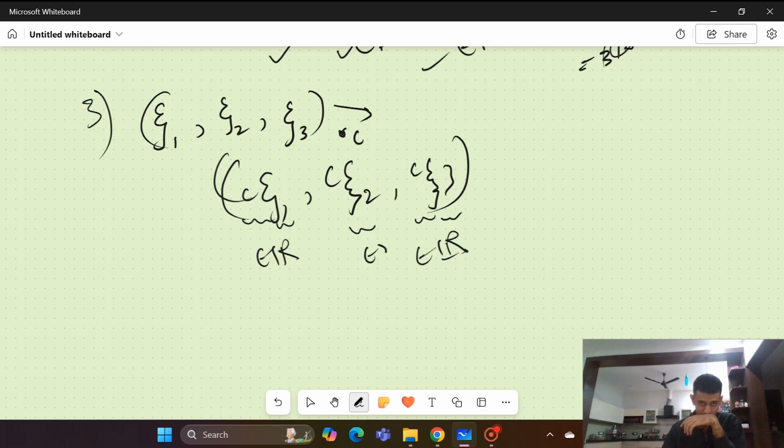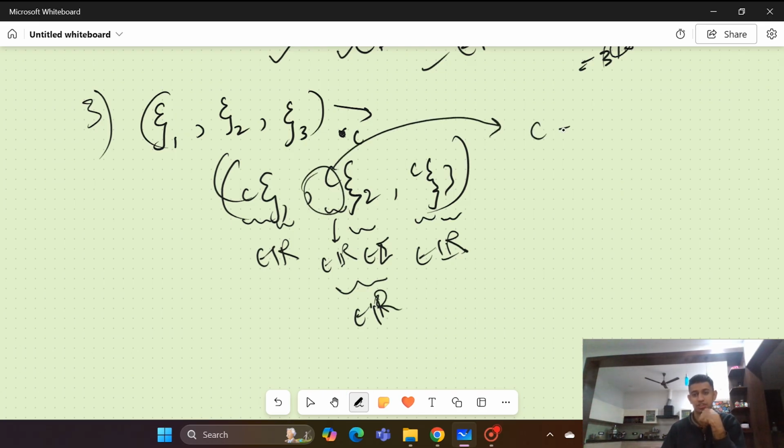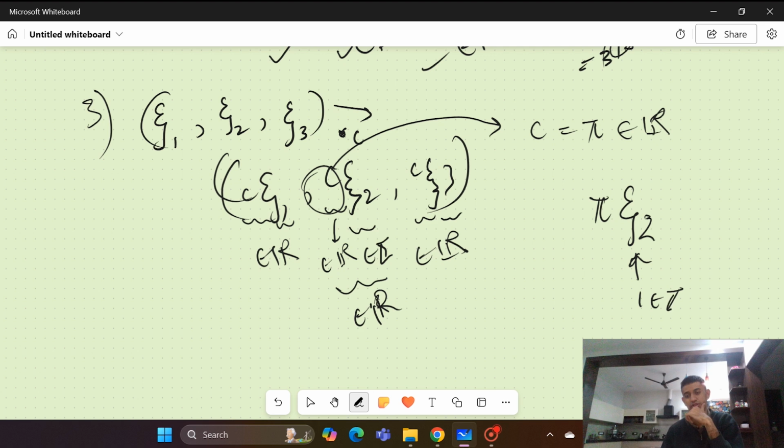This is an integer, and this is a real number, and so their product can be a real number as well. An example that I found on the internet is if you get C to be pi, which is a real number, and multiply it inside, then this becomes pi G2. Now if G2 is say just 1, an integer, then this becomes 3.14 something, and that clearly is not an element. And therefore it fails on this.